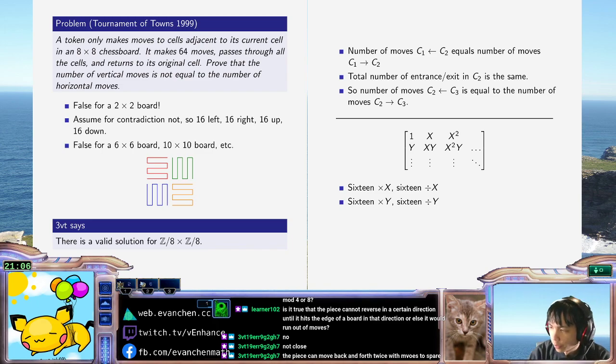The number of times you enter column 1 and exit column 1 is equal. So when I look at column 2, the interaction with column 1 is equally distributed. Actually, you don't even need that. This is just true, right? If I have a knife and I cut the board, just draw a vertical line, you weave in and out of that line equally often.